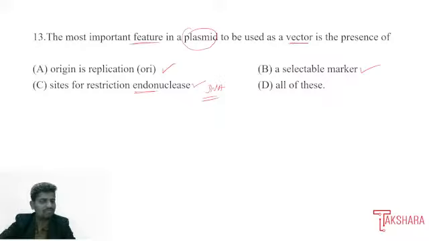So that is also a very important point for the plasmid if it is used as a vector. So for question number 13, according to the characters, all these statements are correct. So option D will be the correct one for this question. Okay.